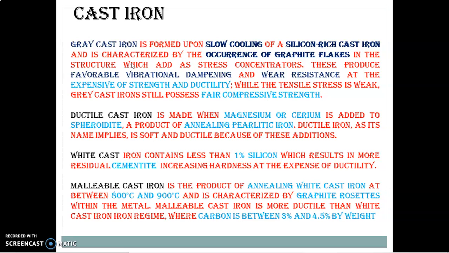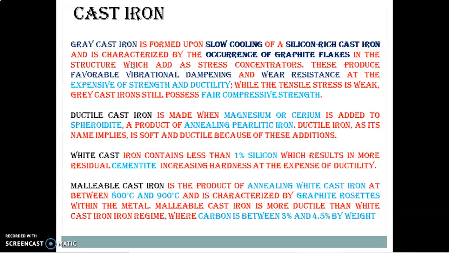So malleable cast iron is the product of annealing white cast iron. Already we have seen that less than 1% silicon is present in white cast iron. So here also in malleable cast iron, the same contents are present as inside the white cast iron.